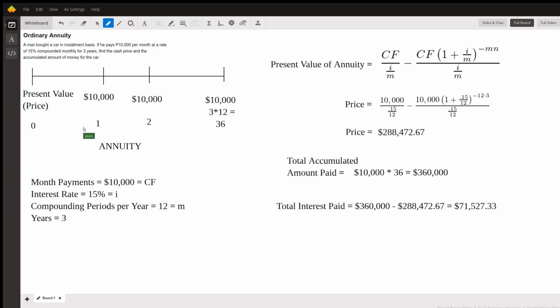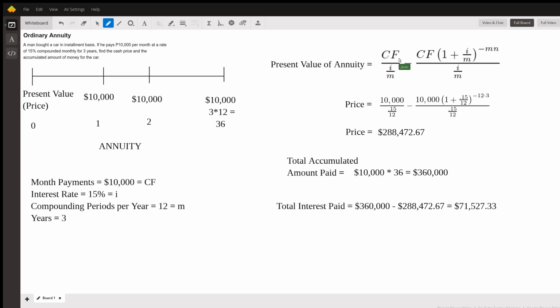Okay. Now when we're talking about an annuity, we know that these payments are going to occur in the future, right? But we want to know right now, what is the value of these payments? What would someone be willing to take right now that is equivalent to these future payments? That's what we call the present value of an annuity, and that's given to us by this formula right here.